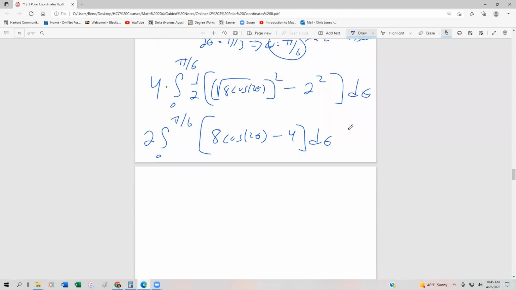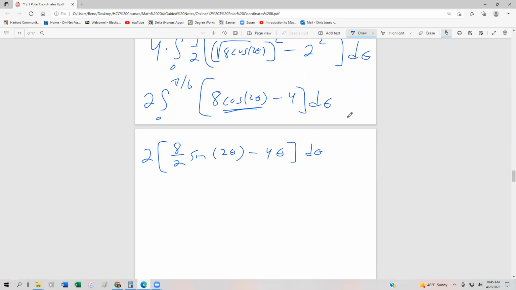Okay, so that's good. So now we integrate. We get 2 times the integral of 8 over 2, because remember, we're using the reverse of the chain rule, so we're dividing. This is going to be sine of 2 theta minus 4 theta, d theta. We're going to substitute pi sixths back in.